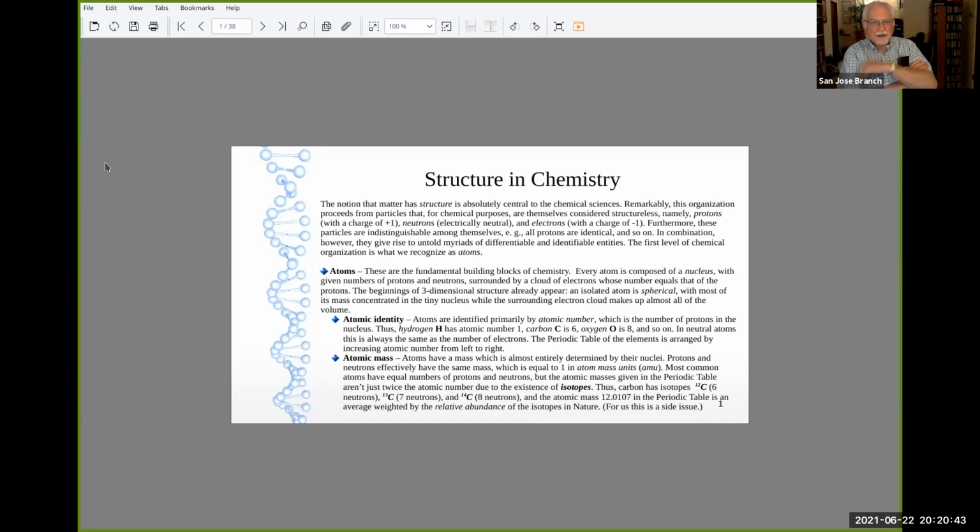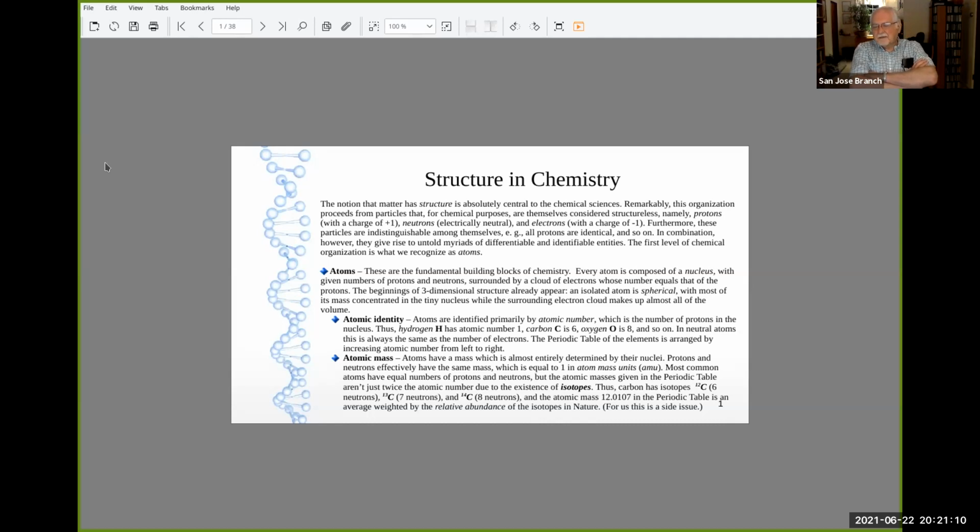It's protons, neutrons, and electrons, and everyday matter is made up of these particles and little bits and pieces that, unless you're a physicist, don't really have structure themselves.